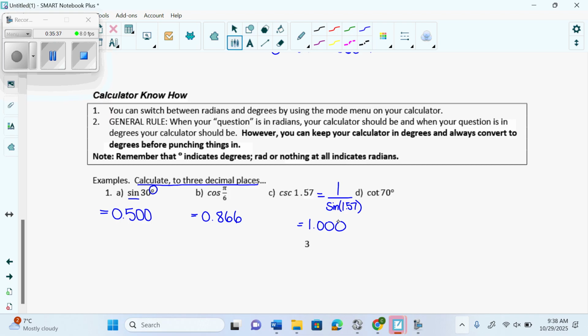Okay, cotan. You have two options. One is easier. There are two options because the buttons you have are cos, sine, and tan. Correct. So you could use cos theta divided by sine theta. So you would go cos of 70 degrees over sine of 70 degrees, making sure you're in degree mode. Or you can use the easier one, cotan equals 1 over tan.